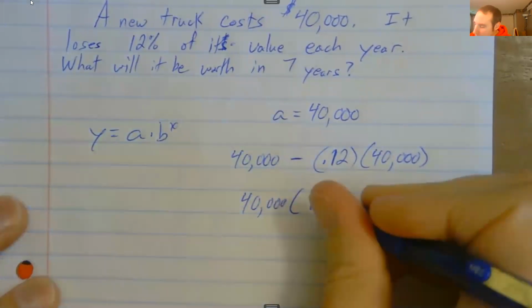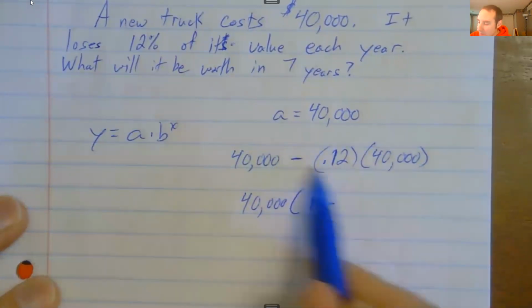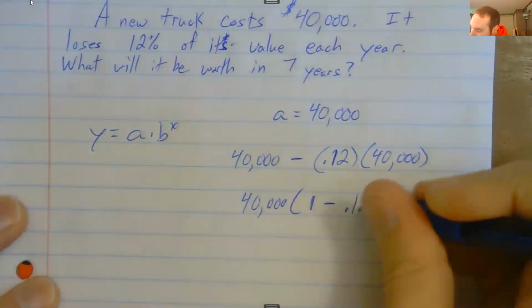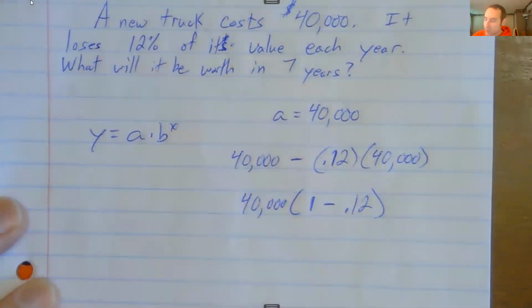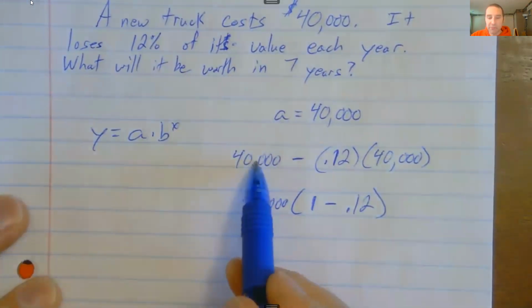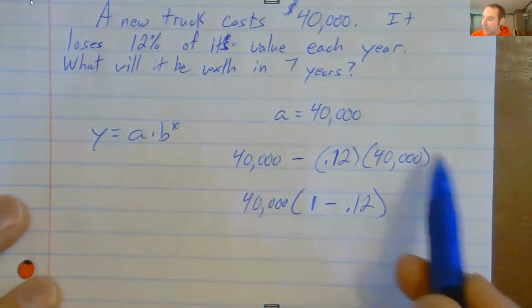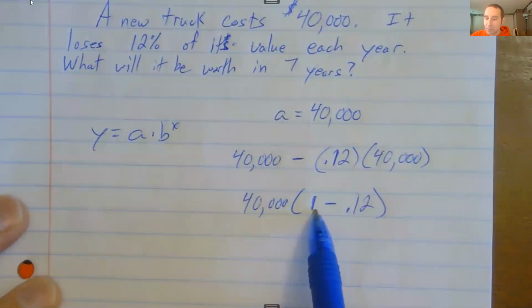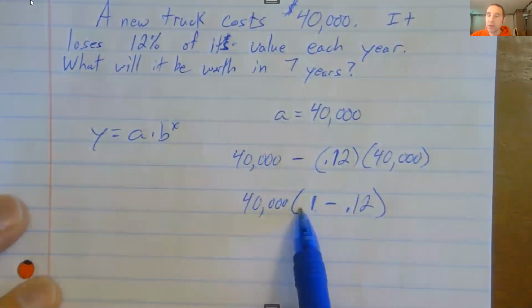And then when I remove a 40,000 from this product here, I'm still left with the 0.12. And so now I have 100% of my 40,000, the 1, and 12% of the 40,000, 0.12. And now I subtract the 100% minus the 12%, 1 minus 0.12.